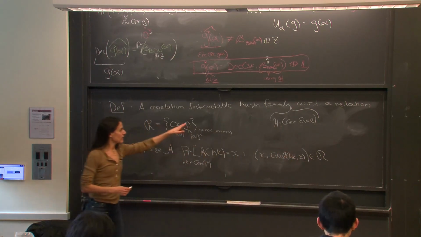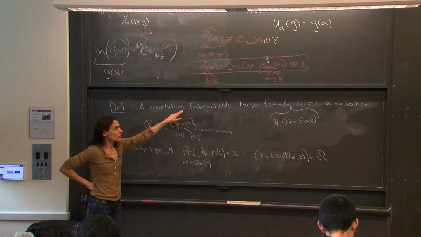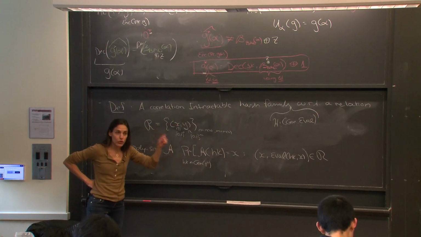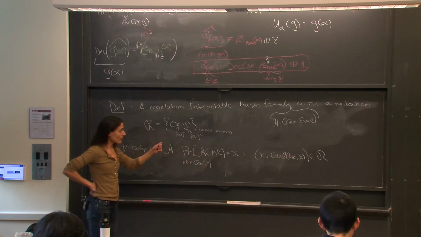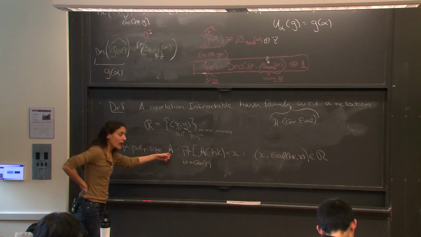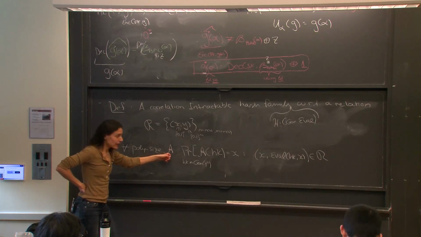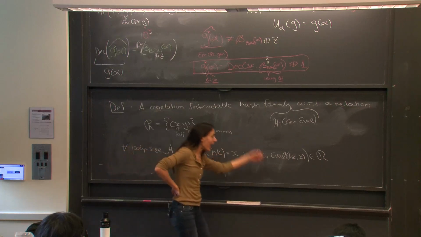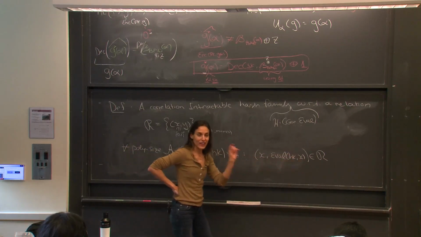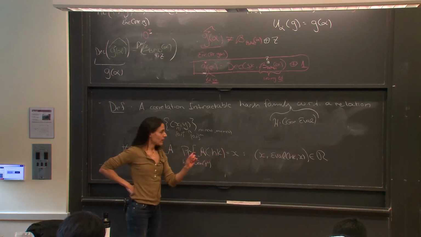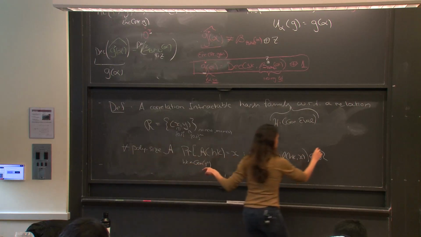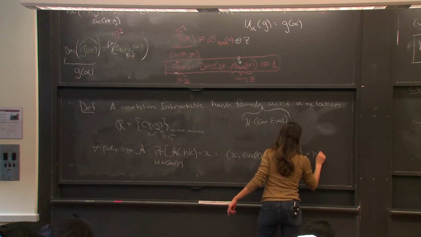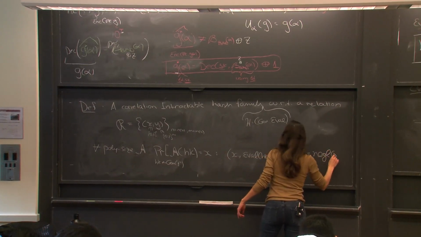Again, a correlation intractable hash family with respect to a certain relation R satisfies that for any poly-size adversary who gets a hash key in the family, his goal is to find an X that hashes to a Y so that X and Y are in R. And we say that this probability is negligible. I didn't finish writing it.